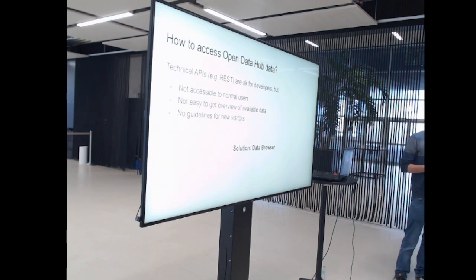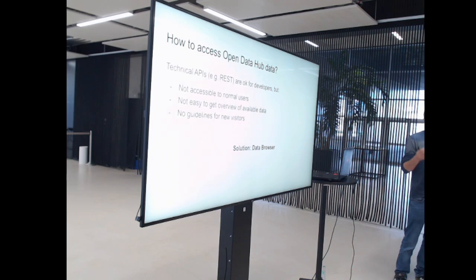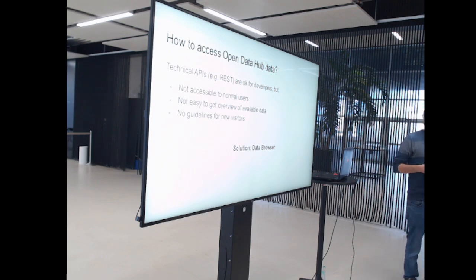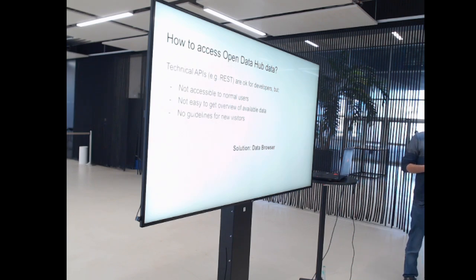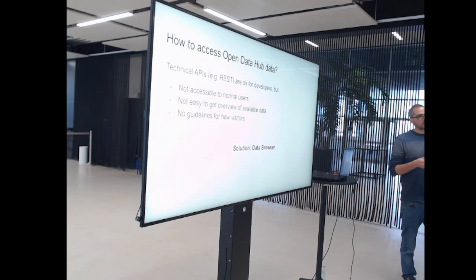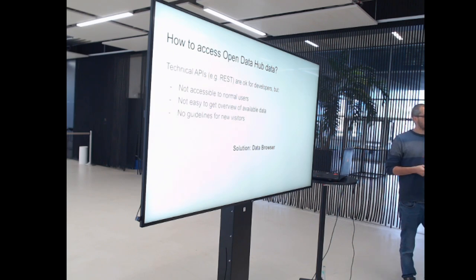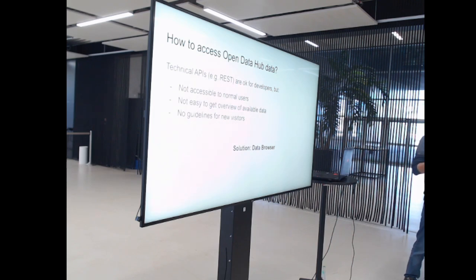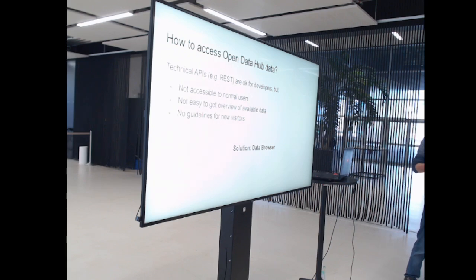If you get a link and you go there, in a good case, you get the Swagger or the OpenAPI definitions. In a bad case, you get nothing, and you don't really know where to start, where to look, what to expect. As a developer, you have ways to get along, but as an ordinary person, it will be very problematic to find out what's in there.